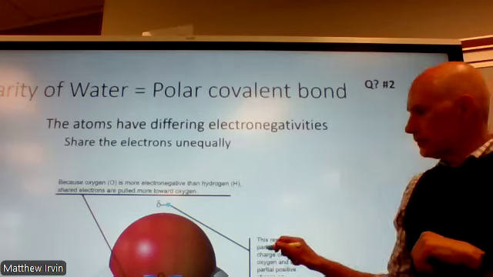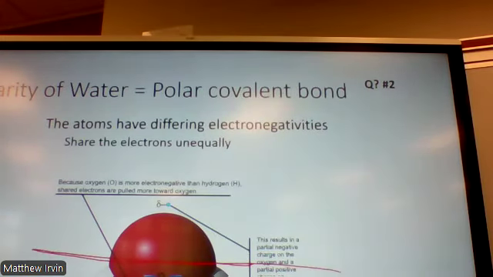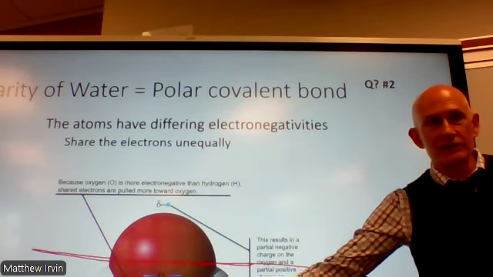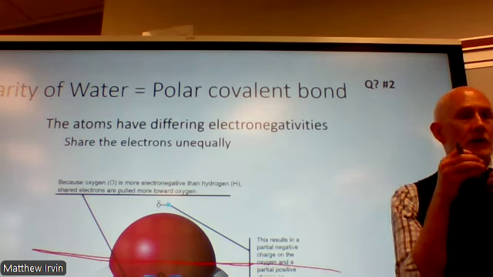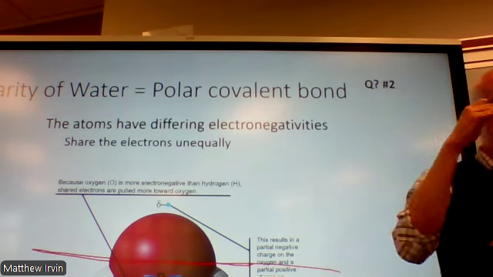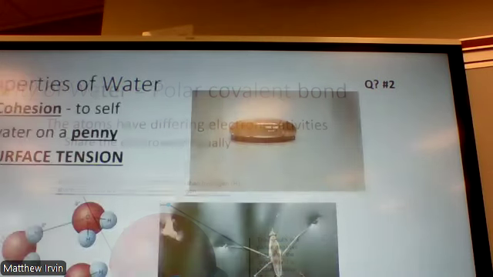And so when we look at that, we also need to have this molecule being asymmetric. So we've got the negative on one side, the positive on the other side, so that we can form those different poles. That's why it's called a polar molecule. And that's what allows them to be attracted to other things.